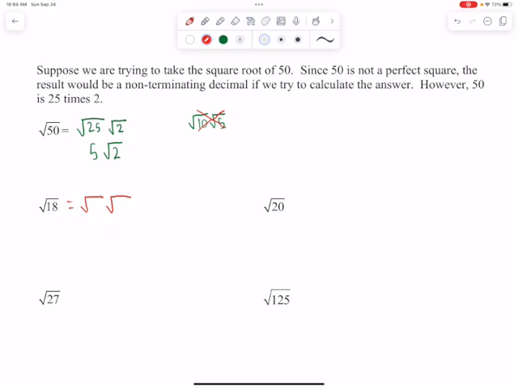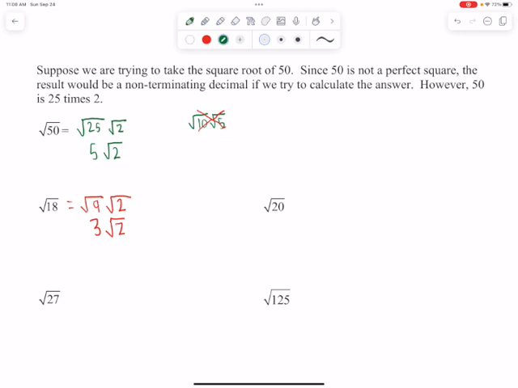And in this case, we could split up 18 into 9 and 2. So the square root of 18 becomes the square root of 9 times the square root of 2. Now that we've done that, we can simplify the first square root. The square root of 9 simplifies to be 3. The part we can't simplify, we leave alone. So our result is 3 square root of 2.